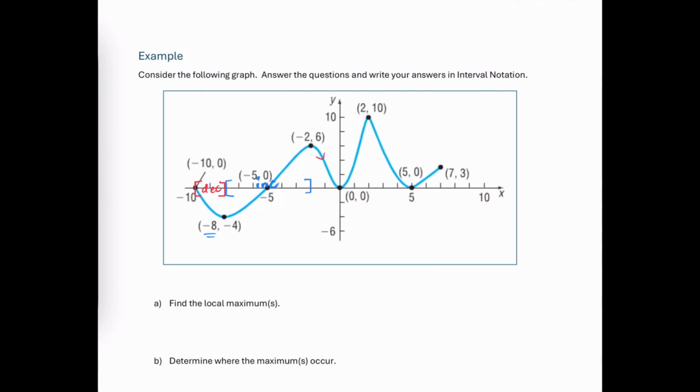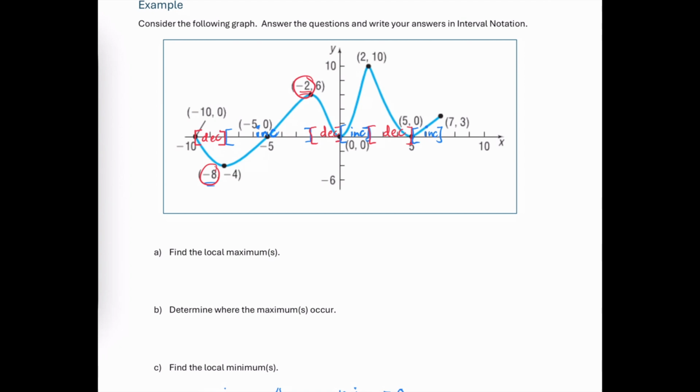It then turns and begins to decrease again, starting at the x value -2, and it decreases to the x value 0, and then it takes a turn, and from x is equal to 0 to x is equal to 2, it's going to be increasing again. From x is equal to 2 to x is equal to 5, it's decreasing, and from x is equal to 5 to x is equal to 7, it is increasing.